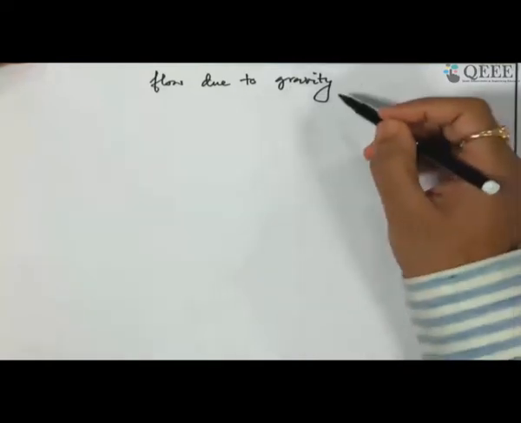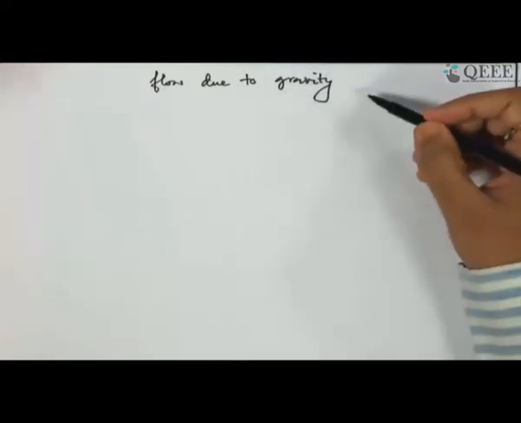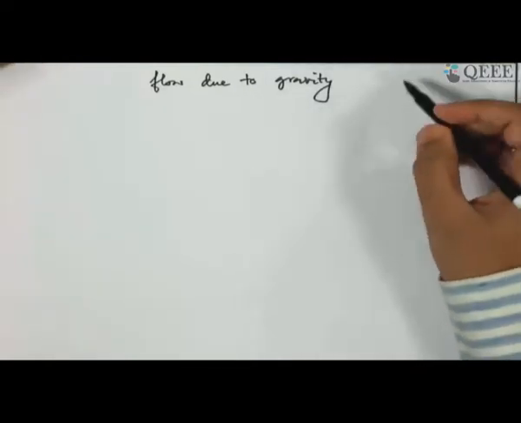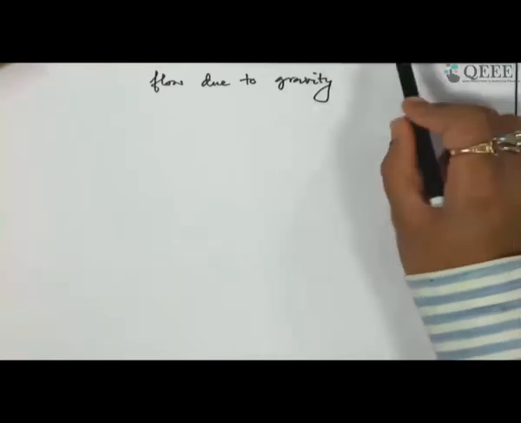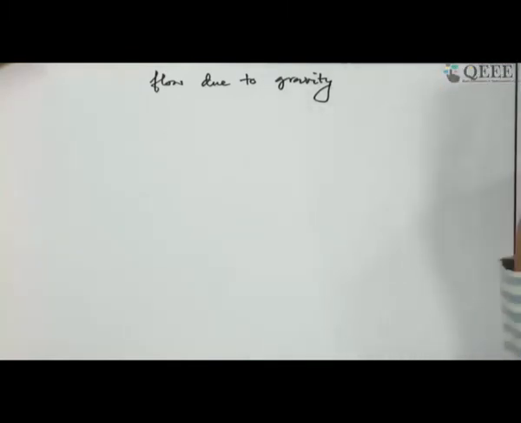In a prismatic channel, we are considering the cross sectional shape and size to be constant, and in non-prismatic channels, which are mostly natural channels, you will not find the sections uniform in nature.